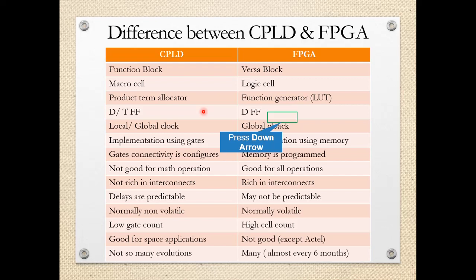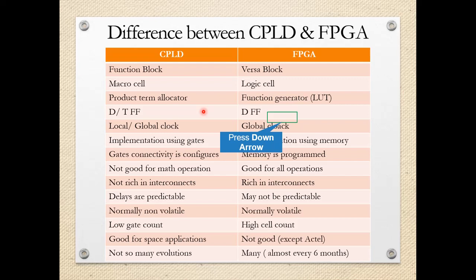CPLDs are normally non-volatile and FPGAs are normally volatile. As soon as we switch off the power, the program will get erased. CPLDs are available with low gate count, whereas FPGAs are available with high cell count.